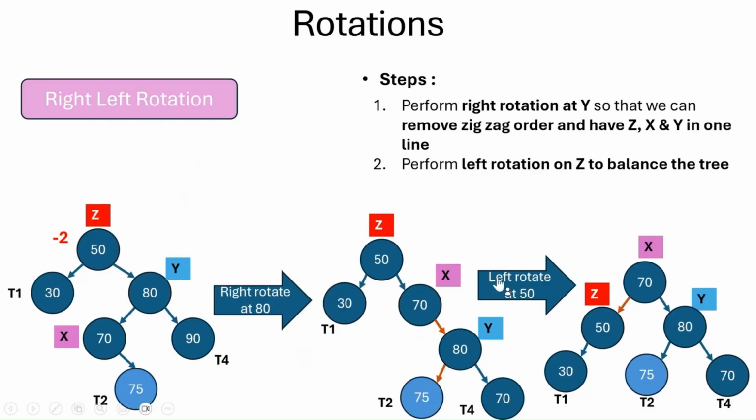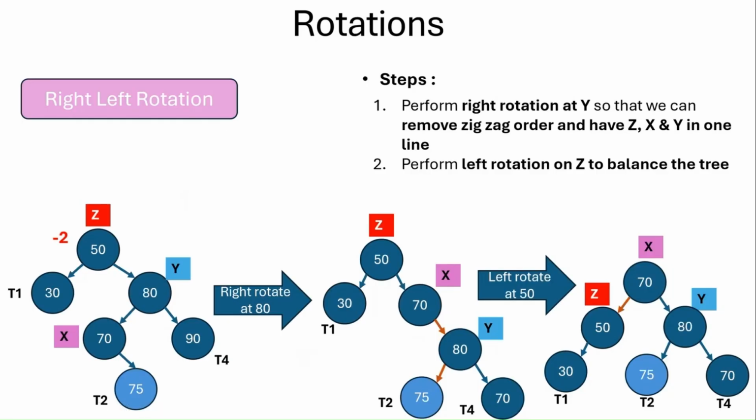So basically this is the left rotation logic. And once we do the left rotation on 50, the tree becomes balanced like this, right? So we understood the right-left rotation logic, the situation where right-left unbalance is there, and then we apply the right-left rotation like this to make it balanced.